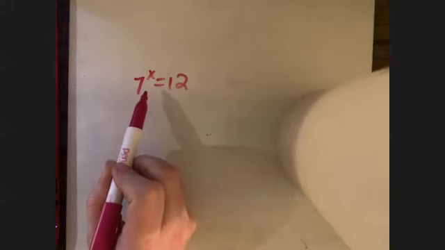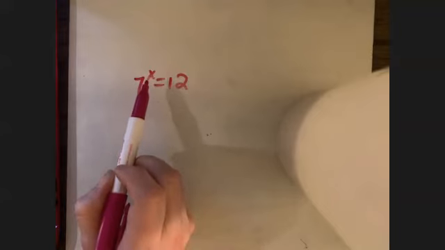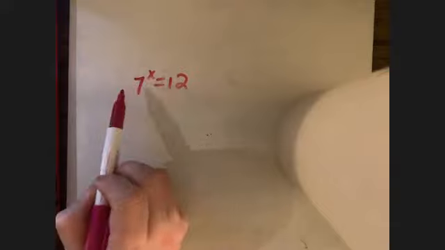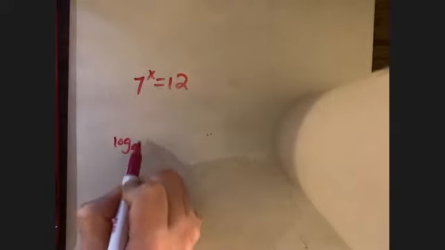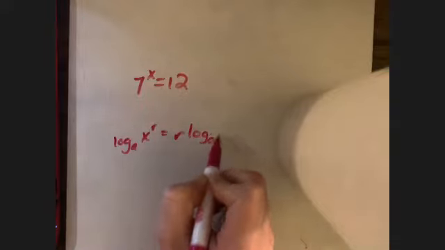One of the ways that we know to do this is the power rule in logs, where if I had log base a of x to the r, the r could come down out in front.